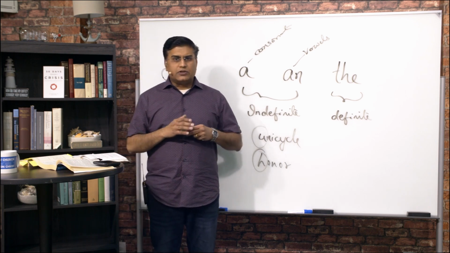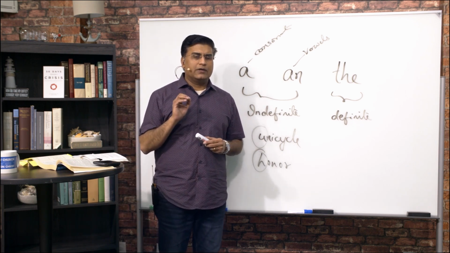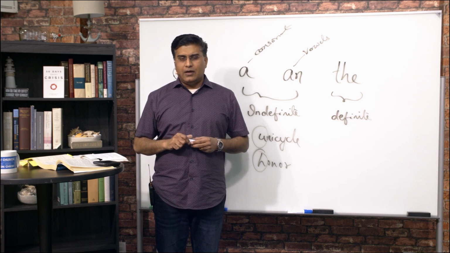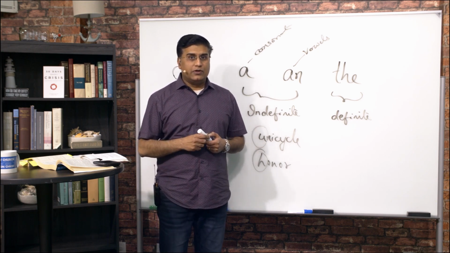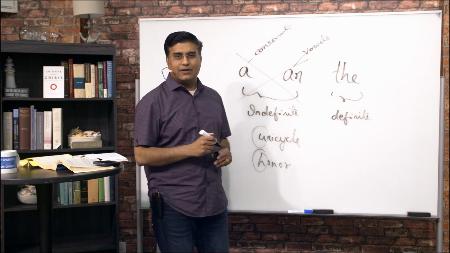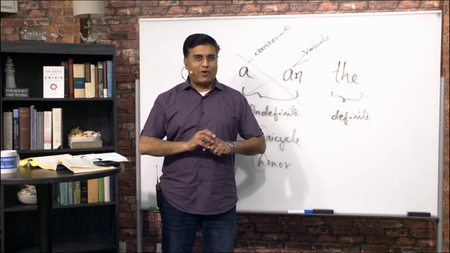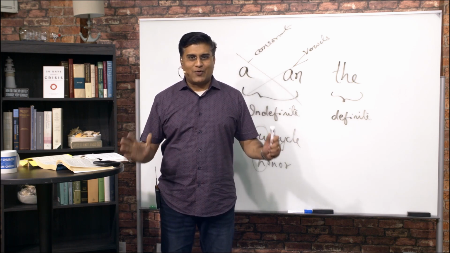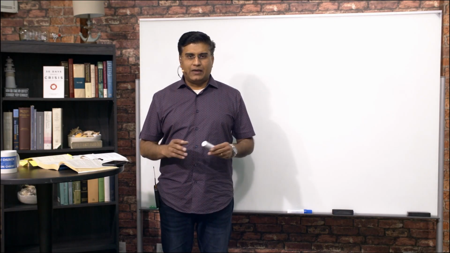But let's proceed and let's talk about the Greek. In the Greek language, ready? No indefinite articles. So right from the get-go, half the problem solved. But here's the thing.